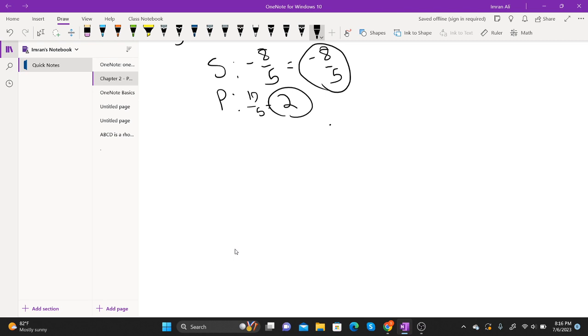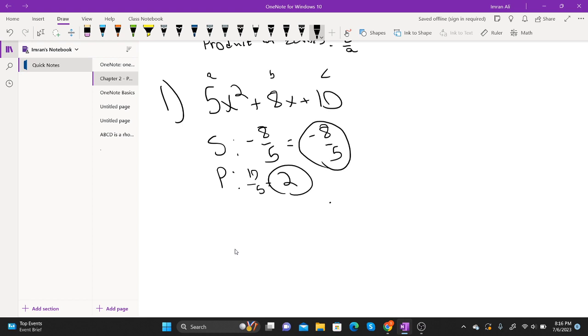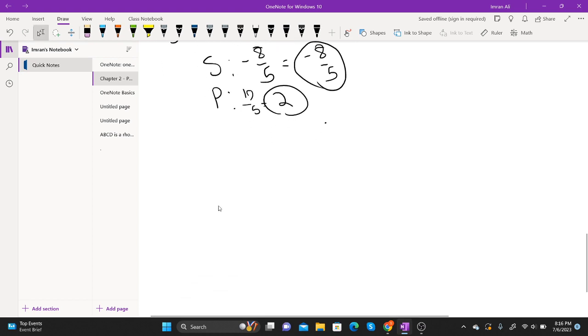The sum of the zeros of a quadratic is negative b over a. And we're given that we have negative 8 over 5. We don't know the quadratic. We don't know that this thing even exists yet, or that it's related to this problem. Imagine we just know the sum and the product of the zeros.